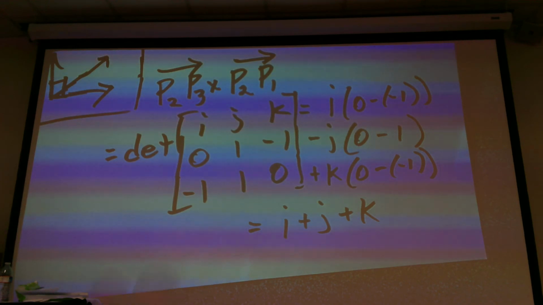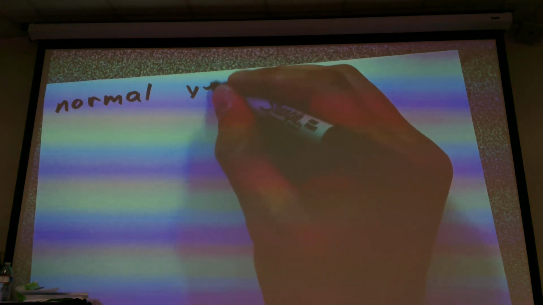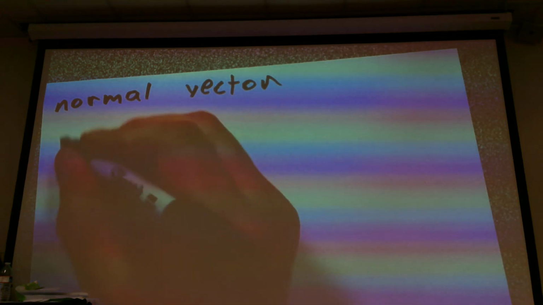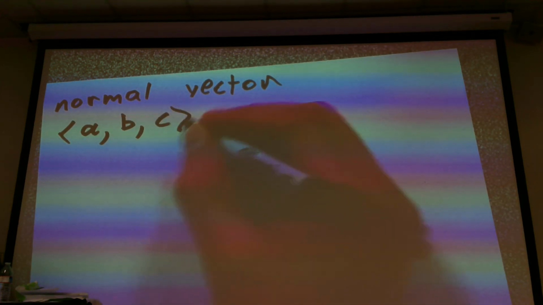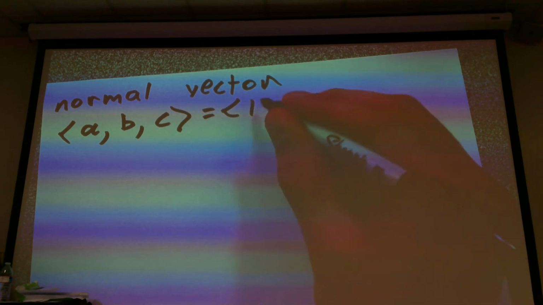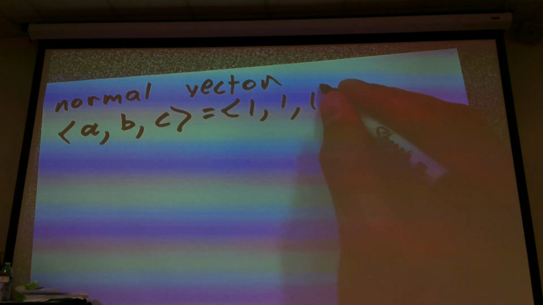So, what do we know from this problem so far? What we know is that we have a normal vector, call this A, B, and C, which is going to equal 1, 1, and 1.